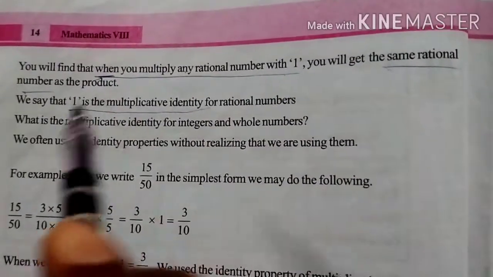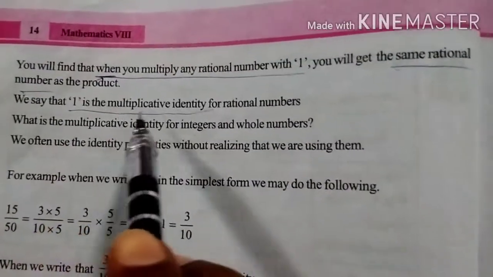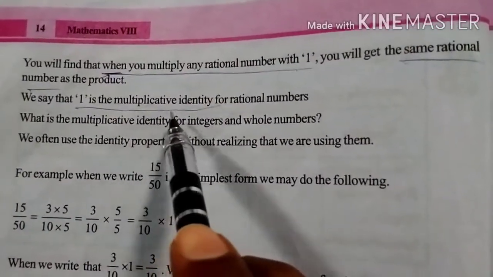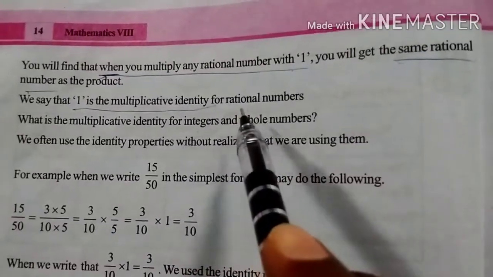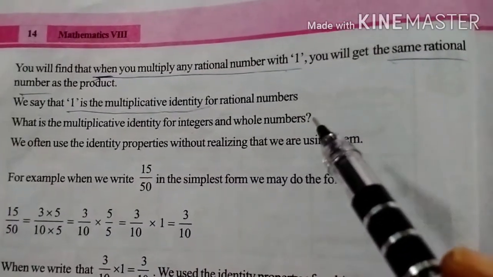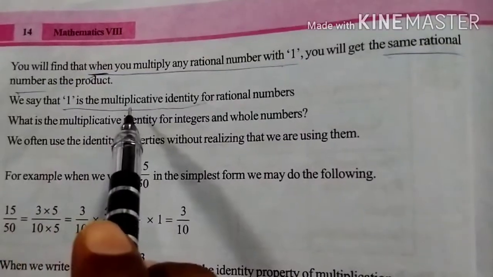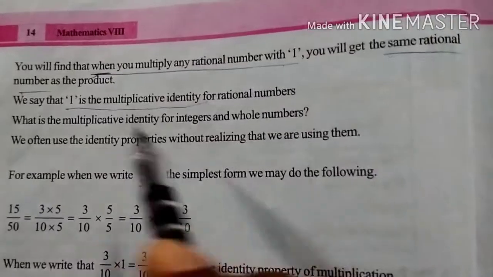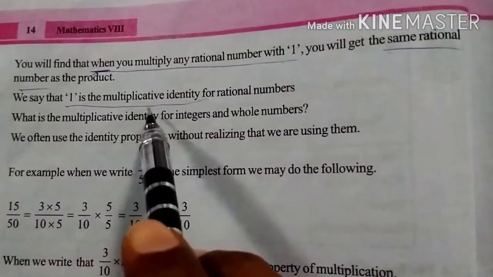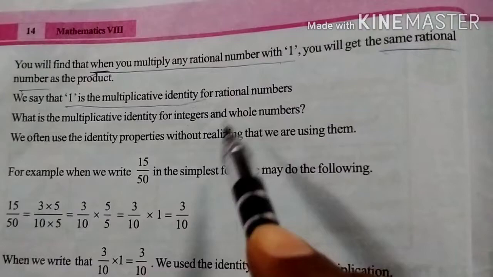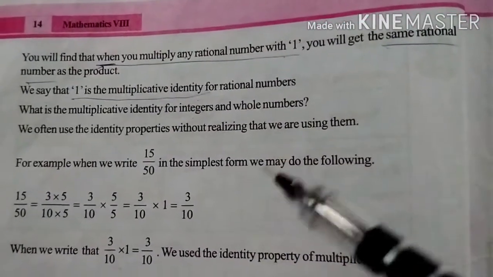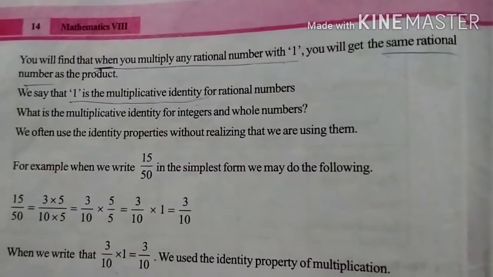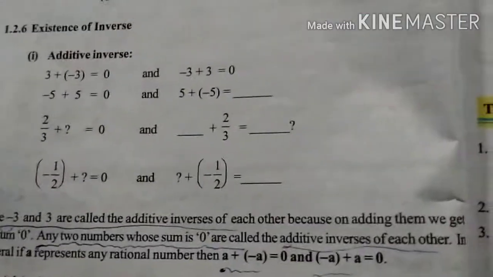That means we are getting here, see, 1 is called the multiplicative identity for rational numbers. You can remember here, 1 is also the multiplicative identity for integers as well as whole numbers also.